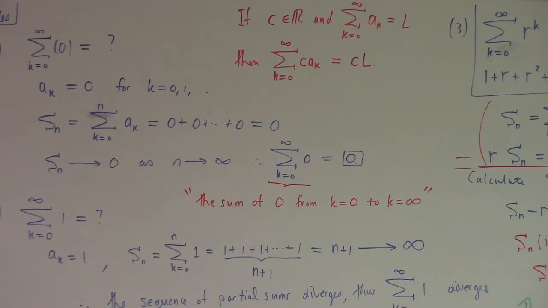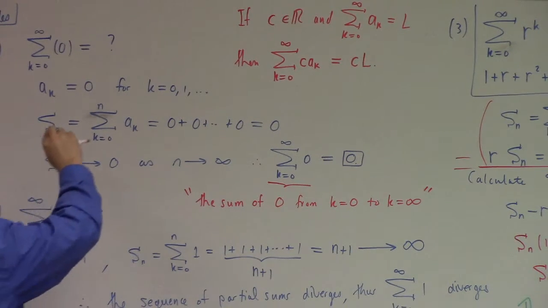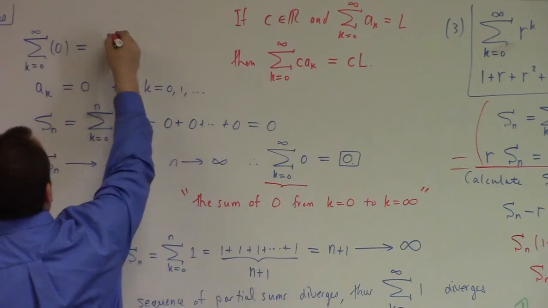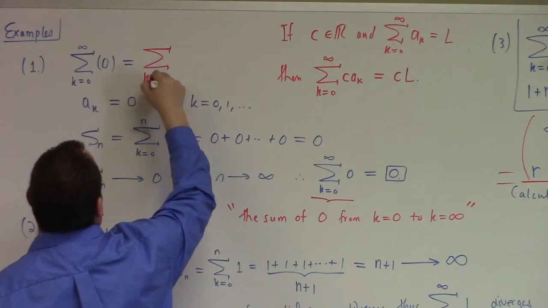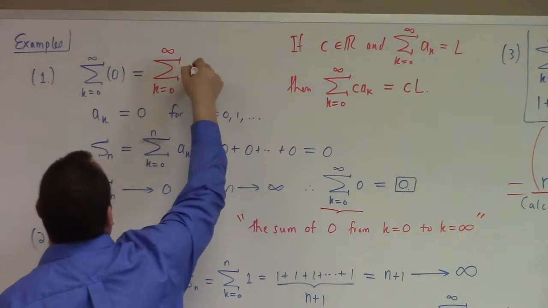Anybody any questions about number 1? Does that make sense? How about example 2? What if we add 1? Yeah. You have k equals 0 and then 1. Is that just concerned with the term itself? Yeah, I'm enumerating the terms. I'm saying this generically, trying to match it up with the definition I wrote over here, which was the sum from k equals 0 to infinity of a sub k.